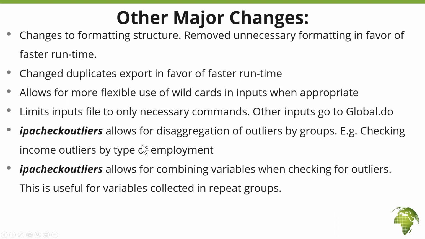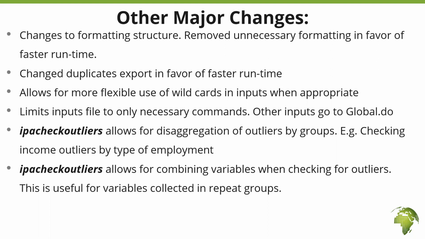IPHX outliers also allows for combining of variables when checking for outliers. And this is very useful for variables that were collected in repeat groups. So let's say you have a repeat group, and in that repeat group you are collecting income data for household members, and you want to check for outliers.